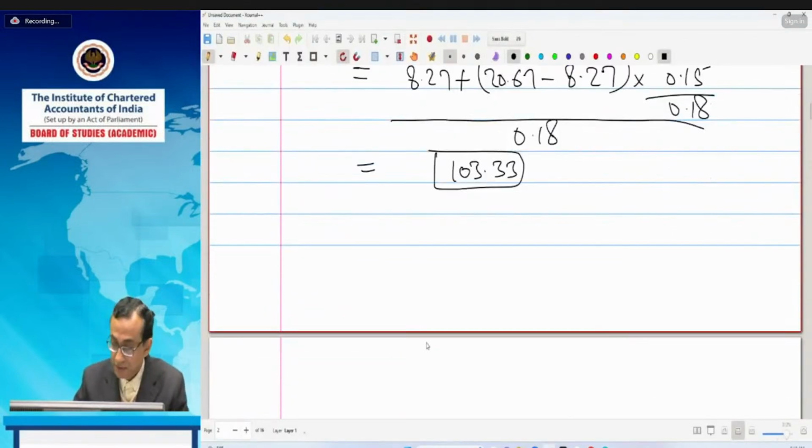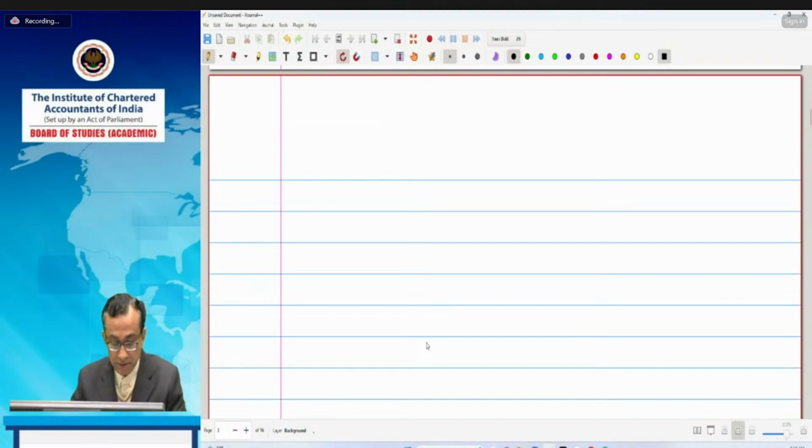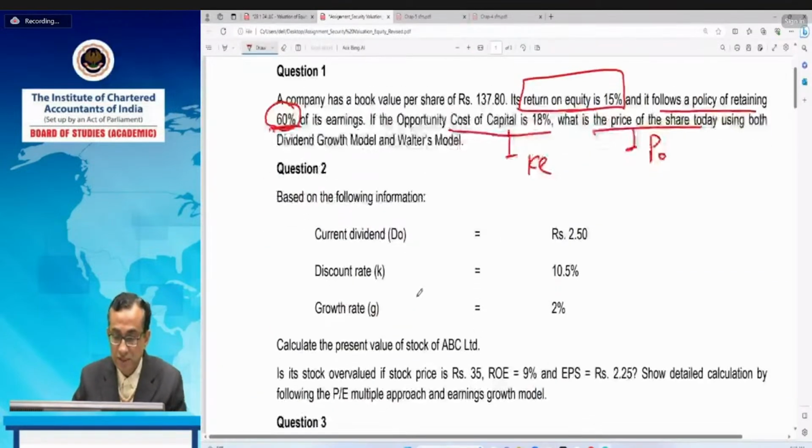Now, come to the second question of our assignment. Based on the following information, current dividend is given, discount rate is given, growth rate is given. You will have to calculate the present value of ABC Limited.